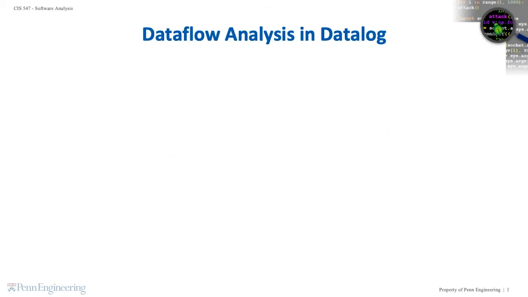Now that we have seen the syntax and semantics of Datalog programs, we will consider how to use Datalog to specify an intra-procedural data flow analysis, specifically reaching definitions analysis.